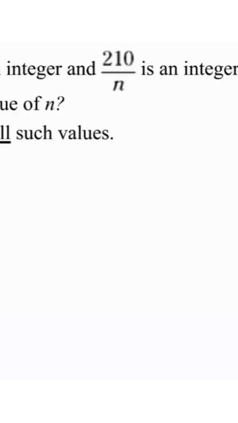Yes, we can start checking 210 divided by 6, 210 divided by 12. But we can also put 210 in the form of prime factorization. So what is the prime factorization of 210?